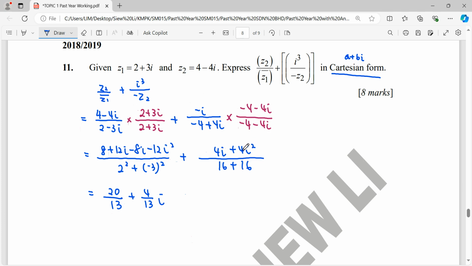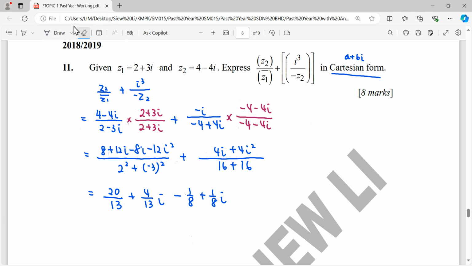Then for the second part here, i squared is negative 1. So here we have a real part, negative 4, divided by 32. When we simplify, it is negative 1 over 8. So for the imaginary part, 4 divided by 32 is equal to 1 over 8 i.